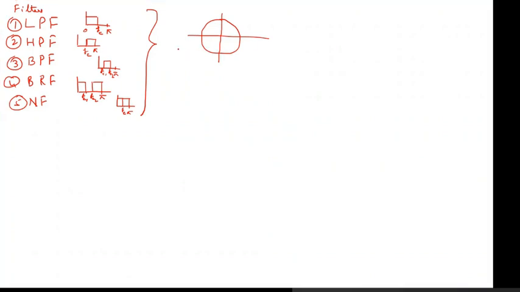Now what you want to do is pass the frequencies near the zero frequency up to a critical frequency. What we can do over here is place a pole near this frequency axis.